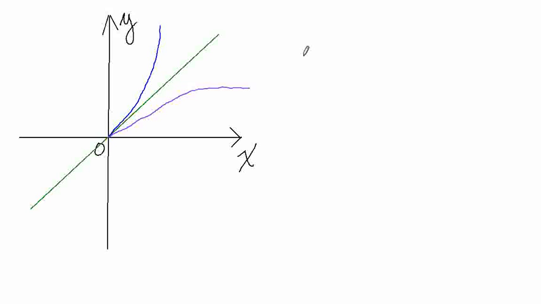Okay? A graph can only be the graph of a function if it passes the vertical line test. Likewise, a graph can only be the graph of the inverse of a function if it passes the vertical line test.